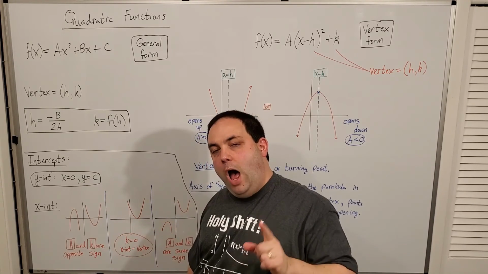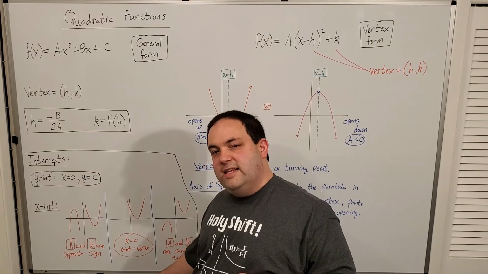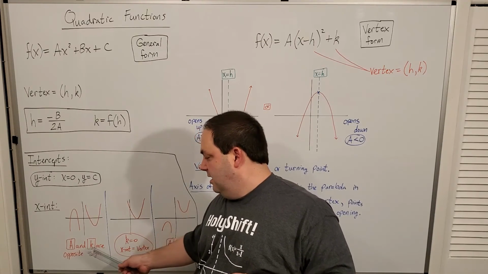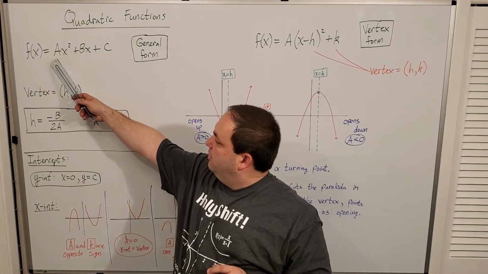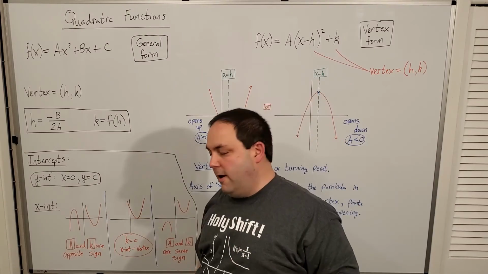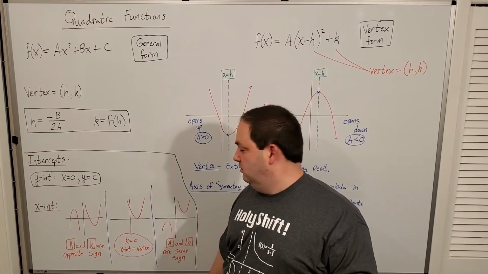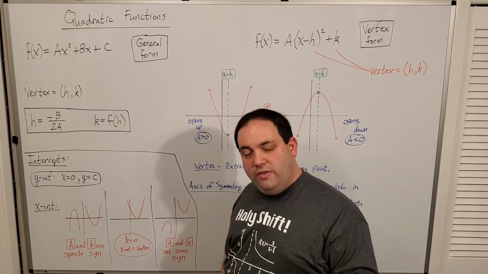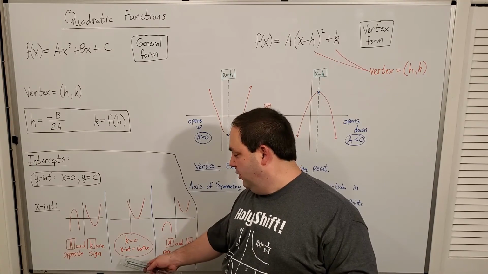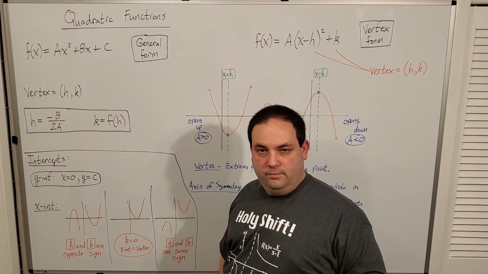I'm talking about the sign on a and k, literally the number in front and the vertex shift, up or down. If k is 0, no matter what, that means the vertex is on the x-axis. That means the vertex is your x-intercept, and you don't need to search any further.